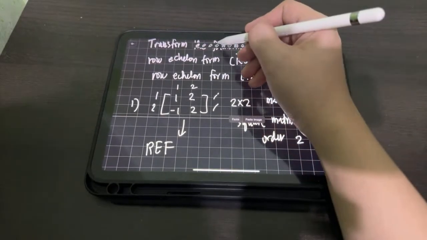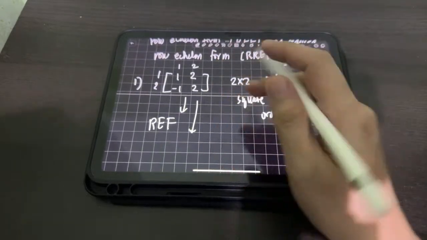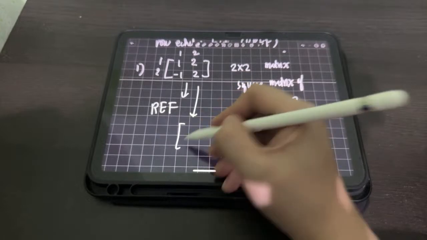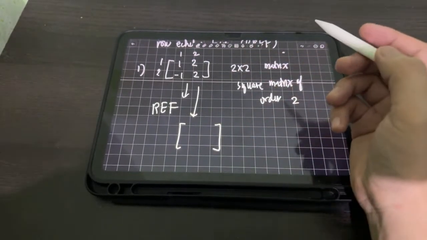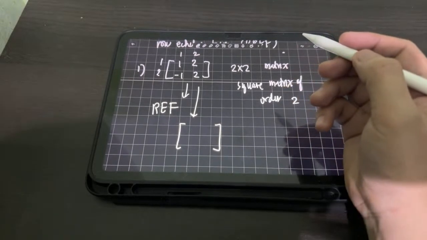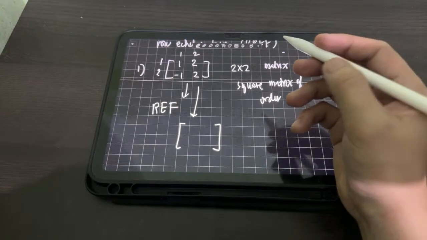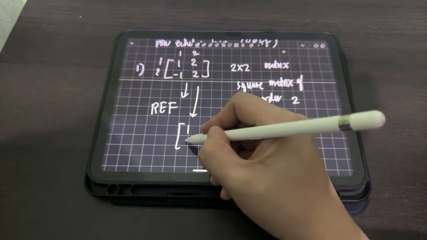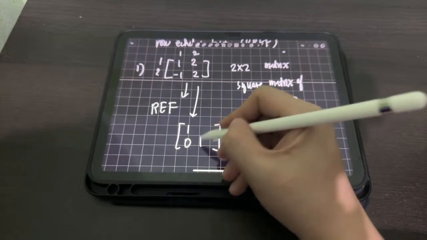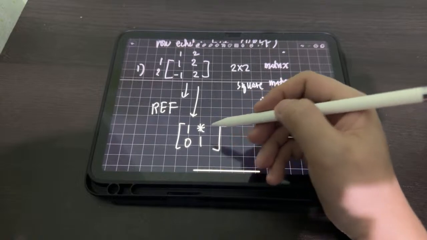So if you try to convert this into row echelon form, what should be the final look of the matrix? If it's a 2 by 2 matrix, based on the properties of a row echelon form matrix, it should look like this: 1, 0, 1, and any value for this constant.